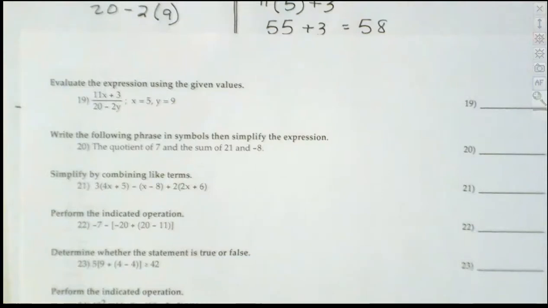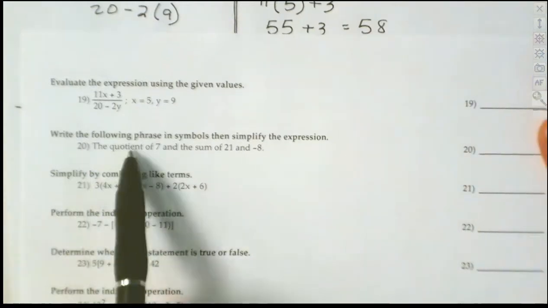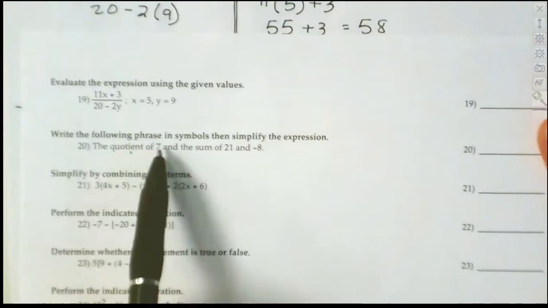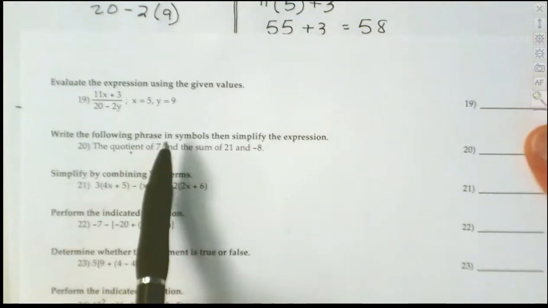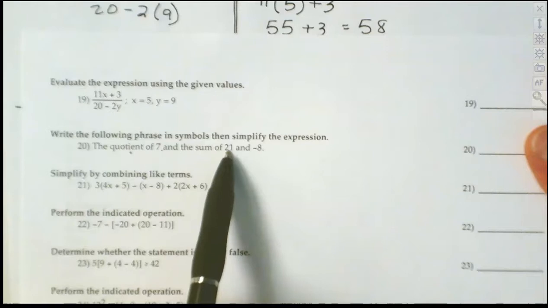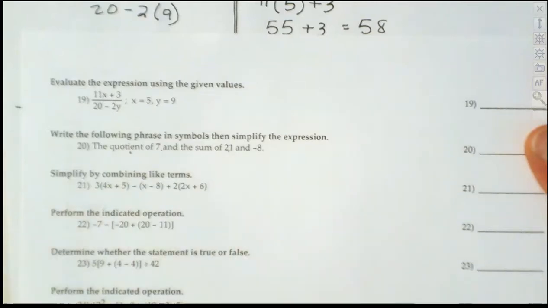So we're not going to have an equal sign here. So it says, write the following phrase in symbols and then simplify the expression. So let's talk about what we've got. We're going to read it through once, and then we're going to talk about each word and what it means. So the quotient of 7 and the sum of 21 minus 8.